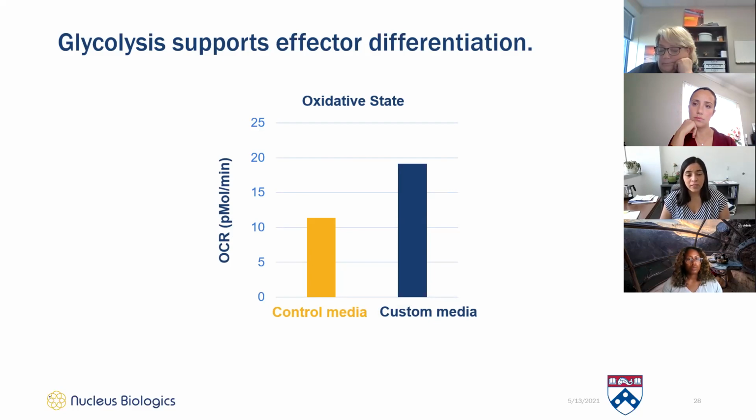So now, knowing this, I would really like to explore other candidates that I can manipulate, for example, in the media to see if I can optimize my lentivirus gene delivery and maintain my functional competence. One of the things I was thinking is that for the 24 hours that I use for the gene delivery, we can use the control media, and then after that switch to the custom media, so that we can have a higher gene transduction and also maintain the functional competence of the cells that are grown in the customized media.